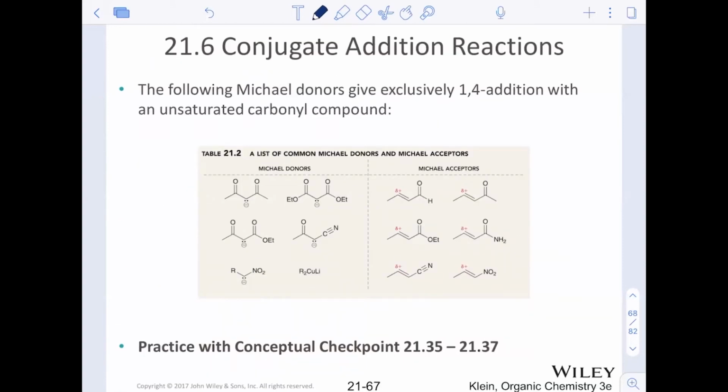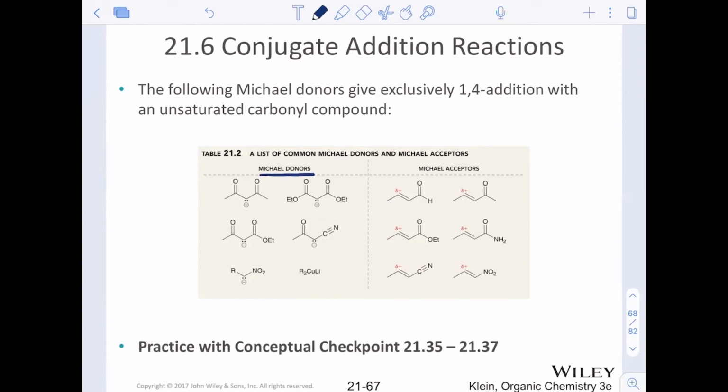The following Michael donors give exclusively 1,4 addition, so it doesn't just have to be a beta ketoester or a diester. It can be any other resonance stabilized group, listed here in the Michael donors, right?